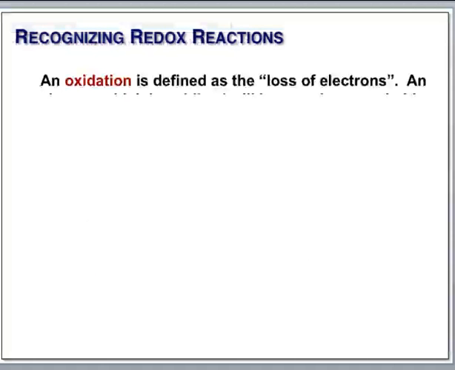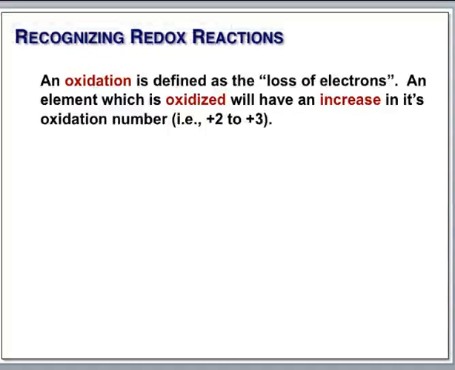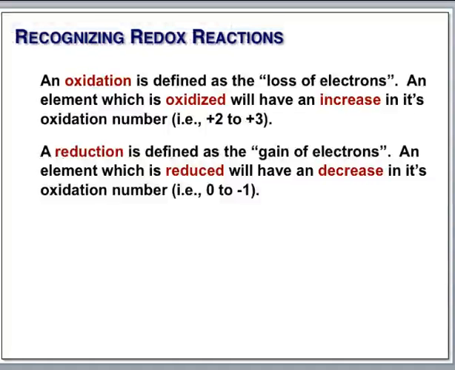All right, now that we can do oxidation numbers, let's do redox reactions. Remember we said that oxidation is loss of electrons, an element which loses electrons is said to be oxidized.